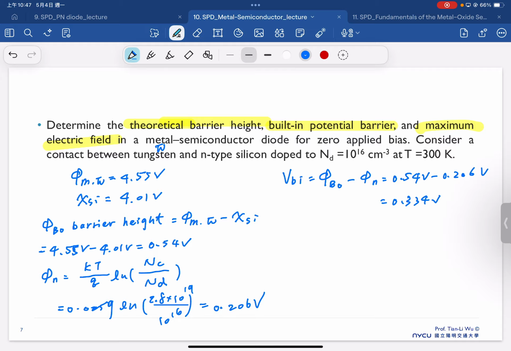And then the space charge width at zero bias, Xn is equal to this one, the square root of 2 epsilon S VBI over q ND.